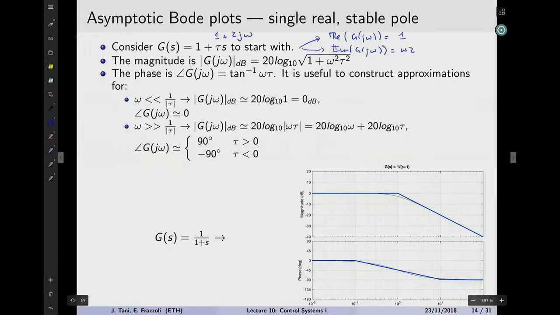So what's the magnitude of this term as a function of frequency? That's 20, expressed in dBs, 20 times the logarithm base 10 of the magnitude of the term expressed in linear, which is the root of the sum of the squares. So 1 squared is 1, and omega tau squared is omega squared tau squared. If we look at the phase, well, we have the tangent inverse of the imaginary part over the real part, which is omega tau divided by 1.